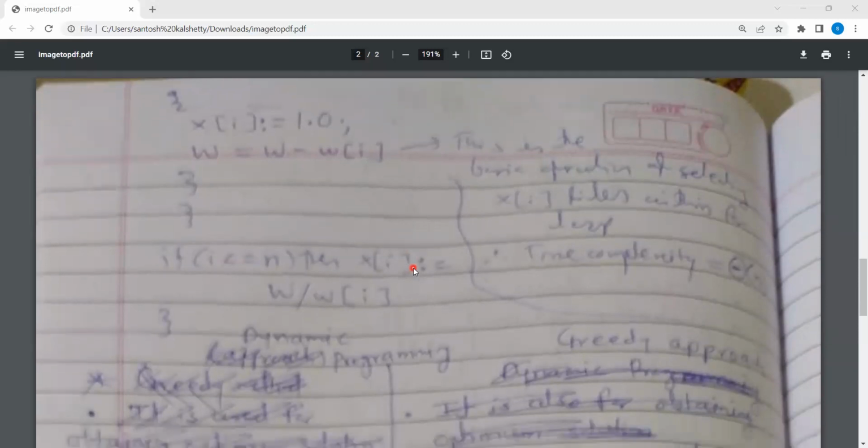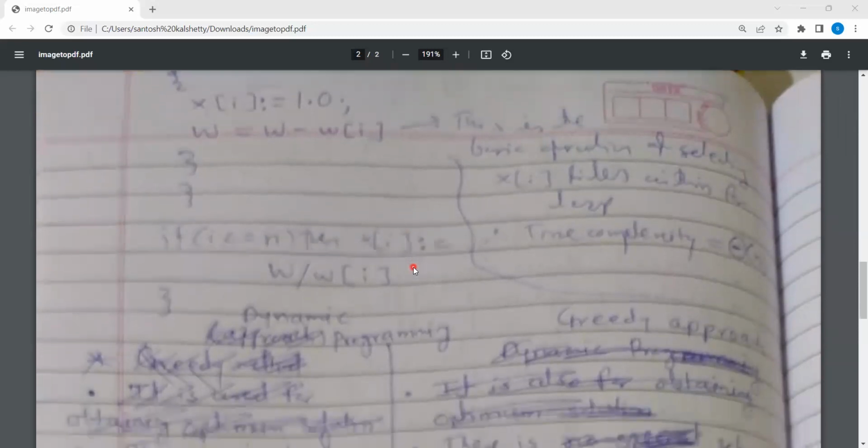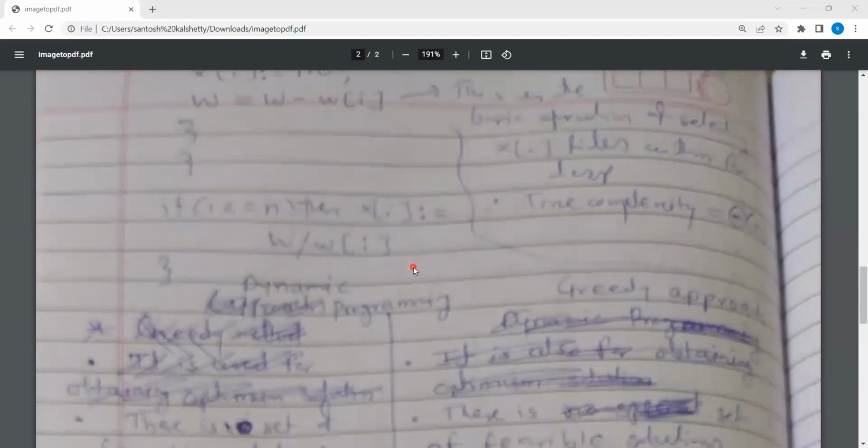Curly bracket complete. If i is less than or equal to n, then x[i] is equal to W upon w[i].